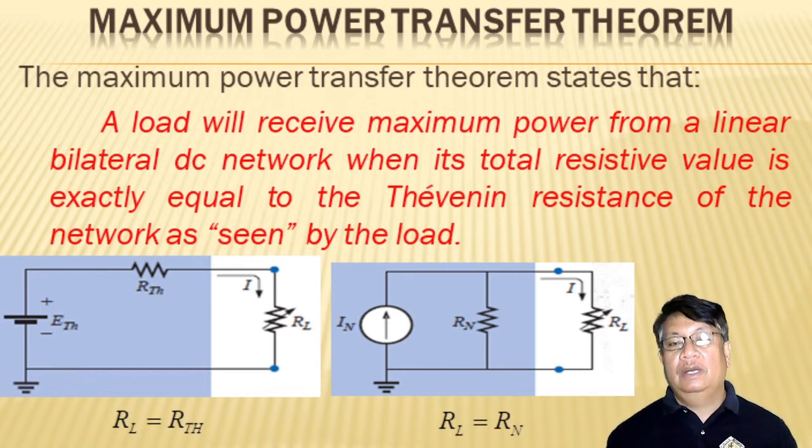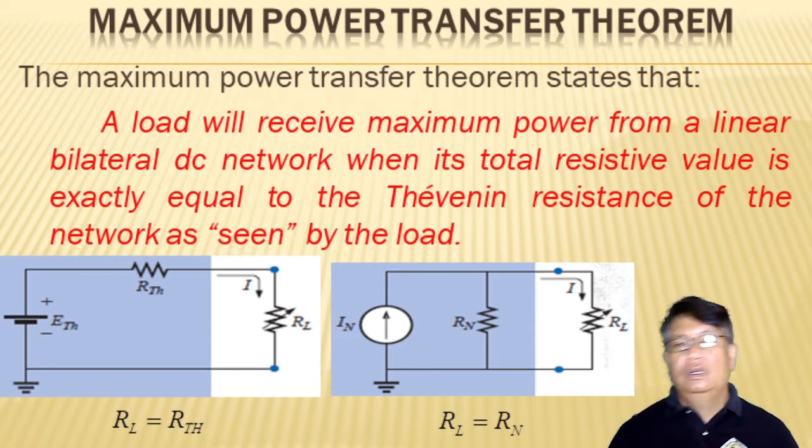By the way, in the maximum power transfer theorem, we will make use of the Thevenin theorem, which can be discussed in the next chapter. But anyway, I will give you some hints on how to apply Thevenin's theorem, because this is applicable in maximum power transfer.